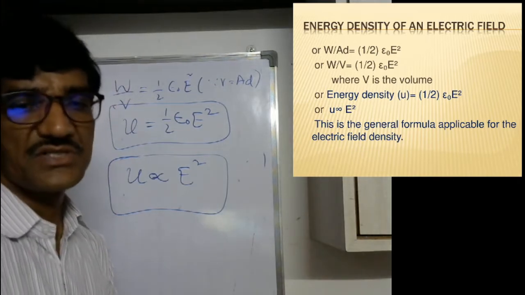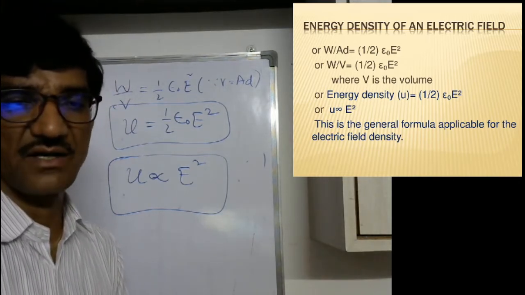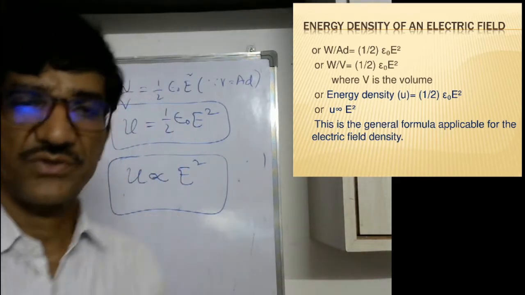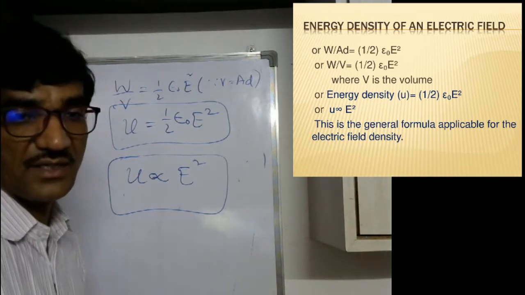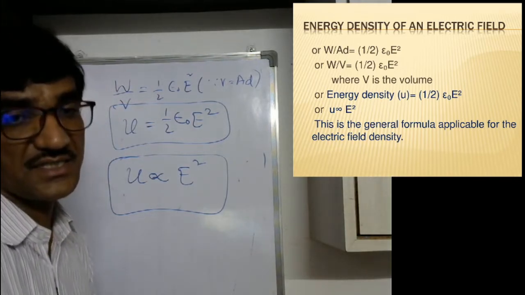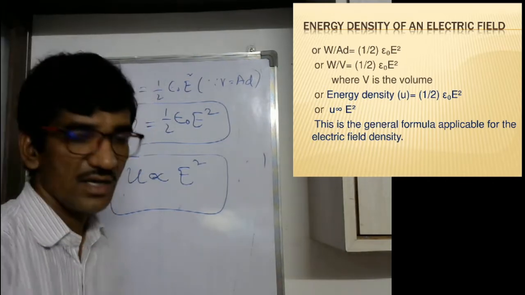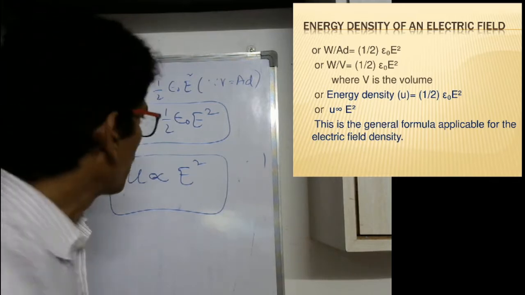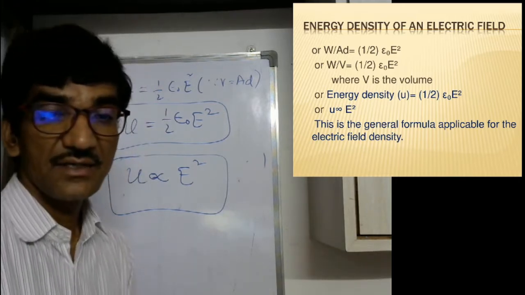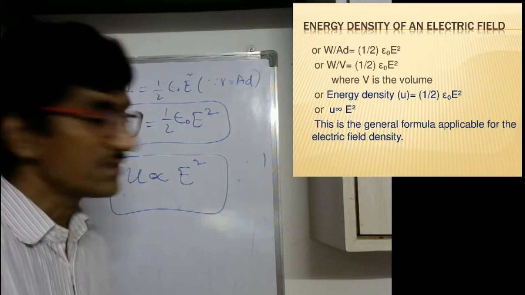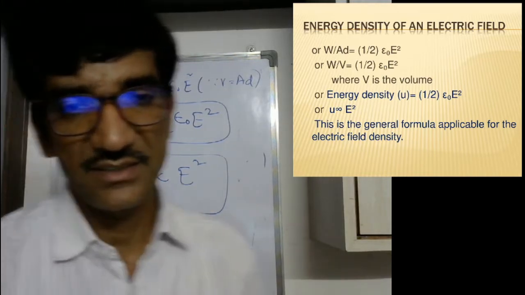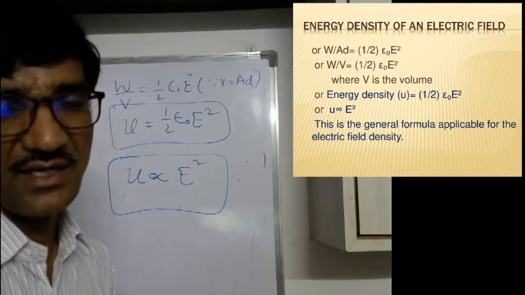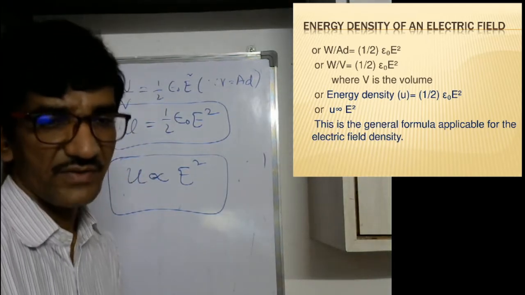You have a similar formula for the energy density of the magnetic field also. Whenever we are doing magnetostatics, we derive the expression for the energy density of the magnetic field. That formula will also be very similar to this formula. There, permittivity is replaced by permeability, and electric field vector is replaced by the magnetic induction vector.